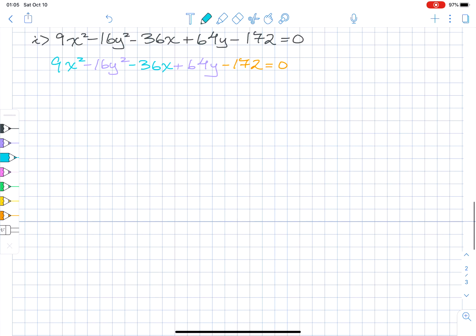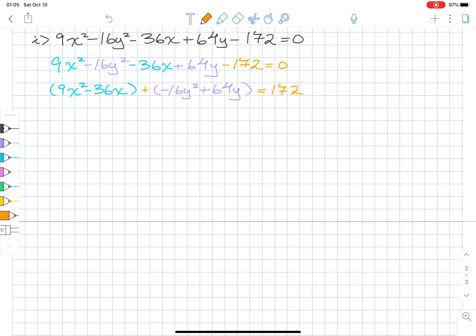So let's group 9x squared minus 36x, and I'll add it and then I'll subtract it later, a negative 16y squared plus 64y. Now if I add 172 to both sides, this will be equal to 172.